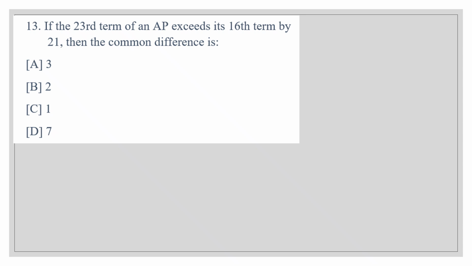Next. If the 23rd term of an AP exceeds its 16th term by 21, or you can write A23 is A16 plus 21. The 23rd term of an AP exceeds, meaning the 23rd term is bigger than the 16th term, and by how much? 21. So let's substitute the values.